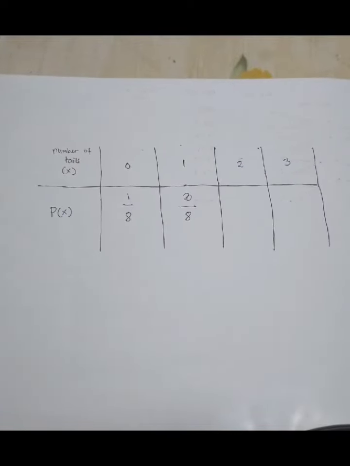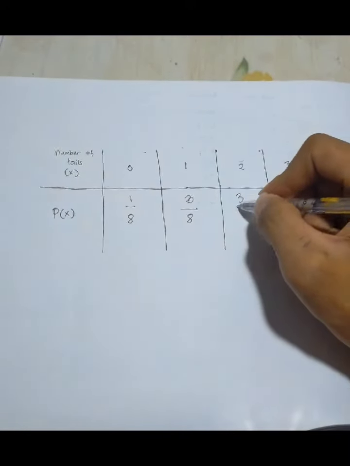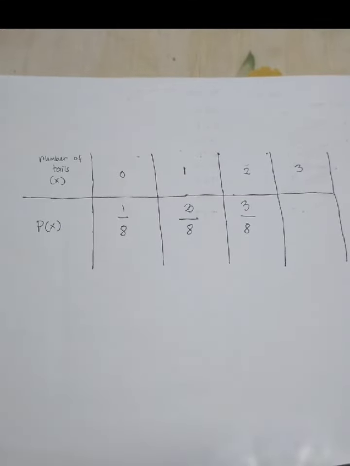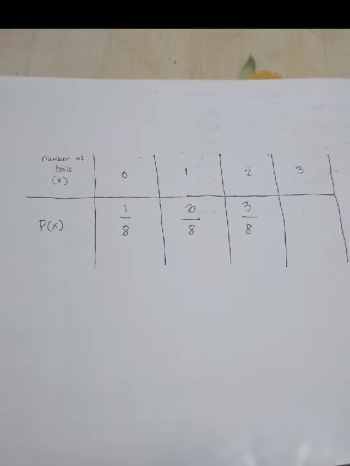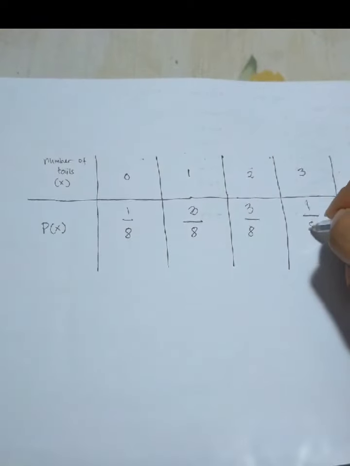Then, what is the probability when there are two tails when you toss the coin 3 times? The probability is also 3 over 8. The last one is, what is the probability when there are 3 tails when you toss the coin 3 times? The probability is 1 over 8.